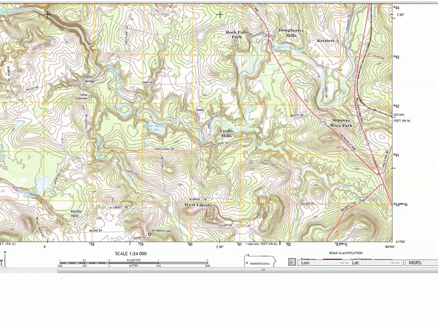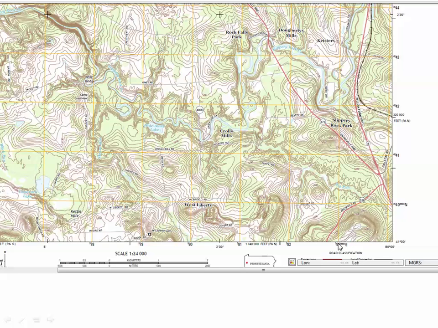So in general, with the exception of a split quad, we can say that our longitude is going to be 80 degrees and our latitude is going to be 41 because these are at 0 minutes in each case. So first of all, we need to know how to look for our latitude and longitude coordinates. So here's our 80 degrees, 0 minutes. 41 degrees, 0 minutes. 80 degrees west, 41 degrees north.